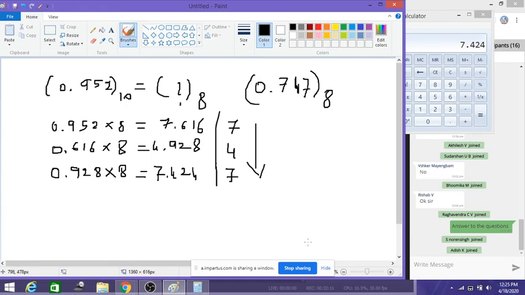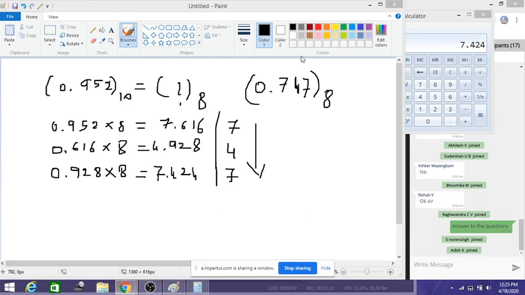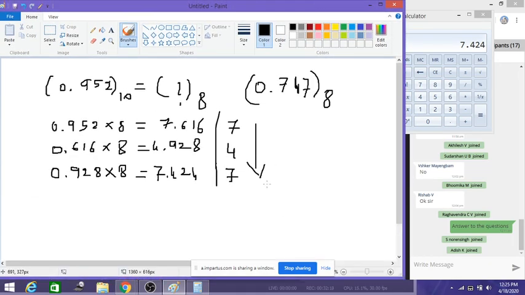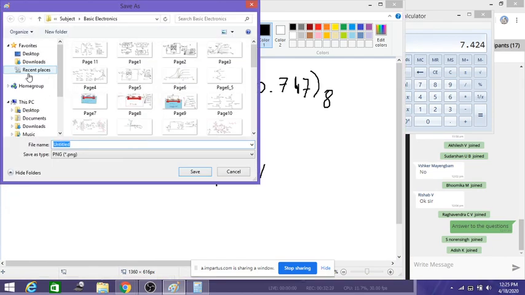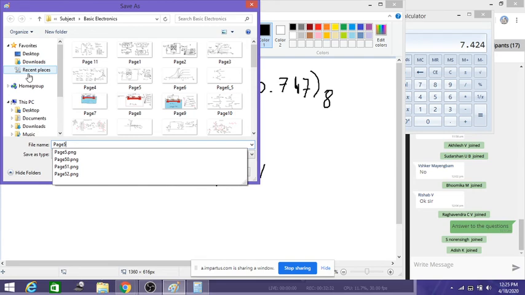Fine. So now let us look into, yes, we will start with the last 14 minutes. Let me quickly look into the conversion of decimal to hexadecimal number here. So let me save this page, page 53.